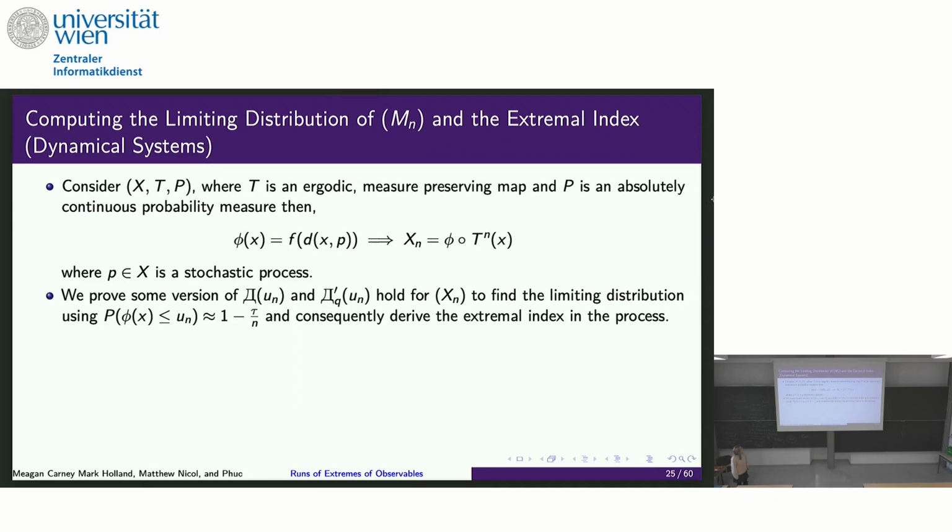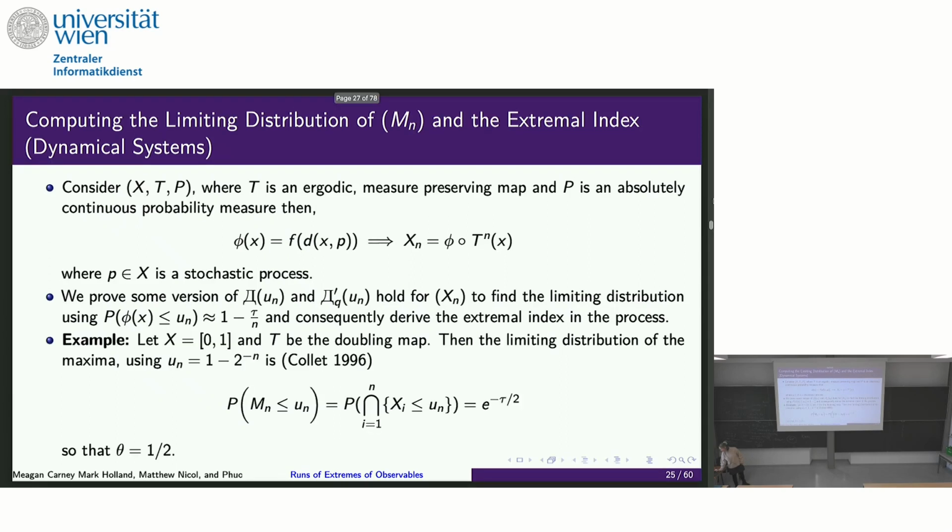And to prove our limiting distribution, we just prove some version of our dependence conditions, so the dynamical versions of these dependence conditions, by choosing u_n appropriately, so that we have our normalization requirement on X1, which is just phi of x. And often we consequently derive the extremal index in the process.